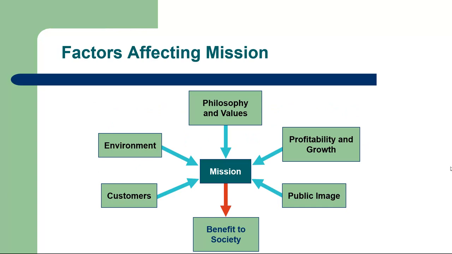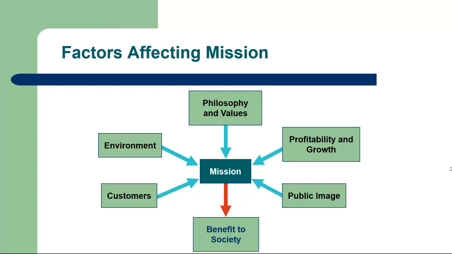There are different factors that might affect the mission statement. When you are developing that mission statement for the organization, you need to look at these factors and encounter the effect of these factors on the mission and the society. So we need to look at the environment. We need to actually look at the customer and customer needs.